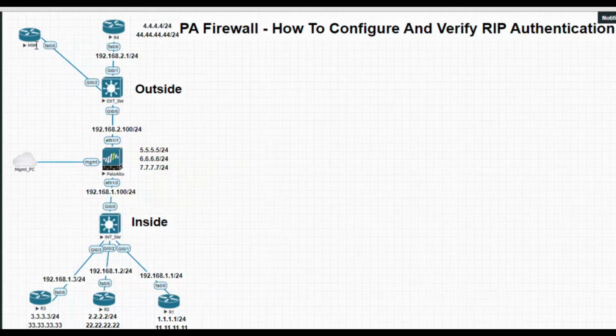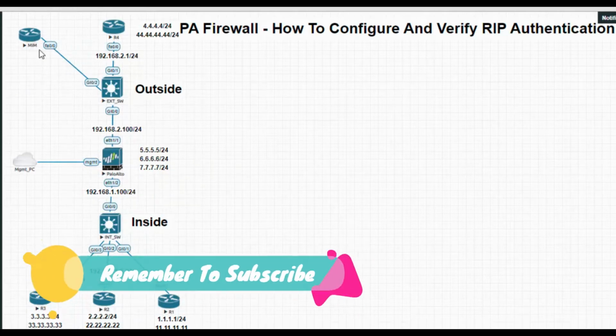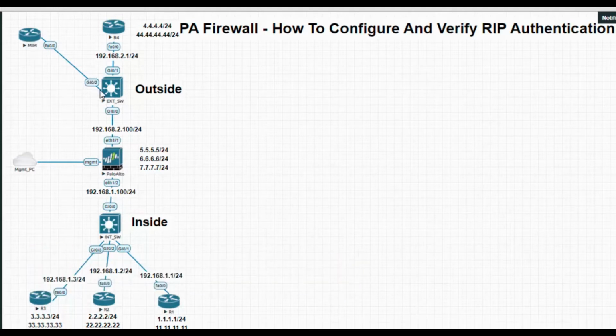As of now, I have put one firewall in the outside switch, just to show you. We will assign the IP address, and I will show you how it will learn.